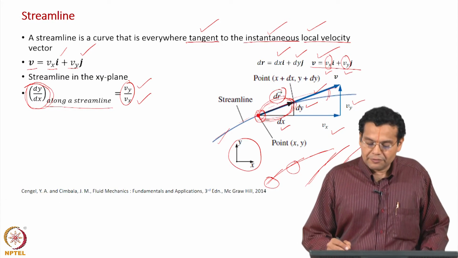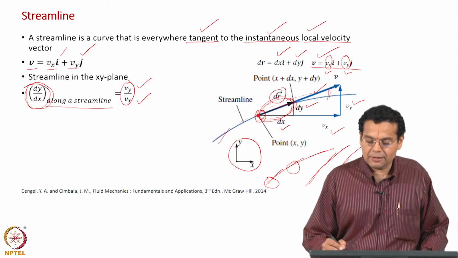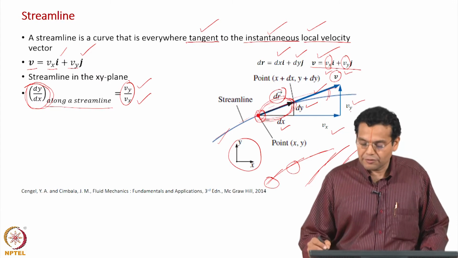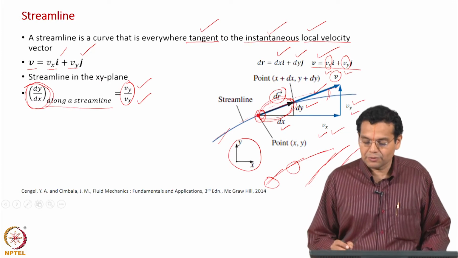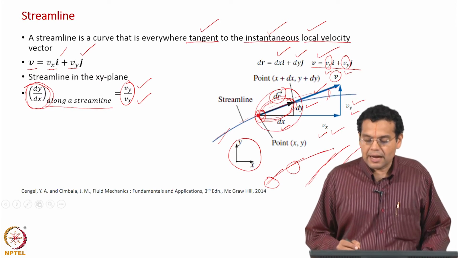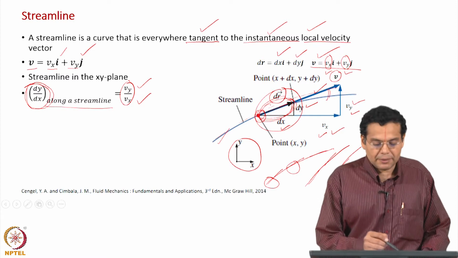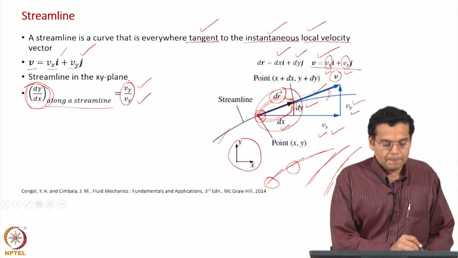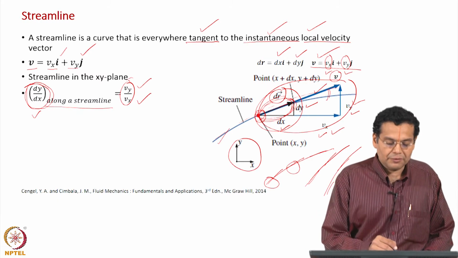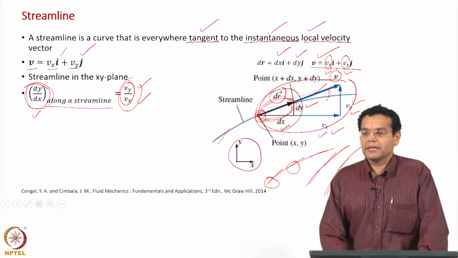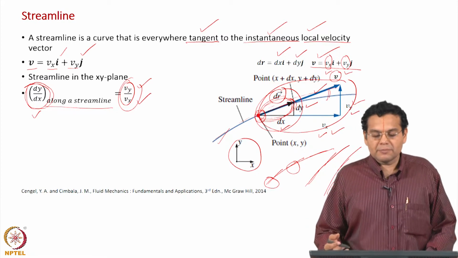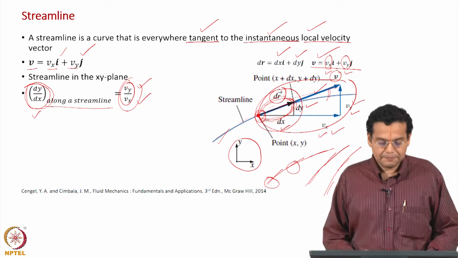Now, we know that the velocity vector is along the same tangent and the components of velocity are Vy and Vx. So, we can take two similar triangles and equate dy by dx on the left hand side, and for the other triangle equate Vy by Vx to dy by dx. The second one is more geometric; the first one just comes from the definition of streamline.